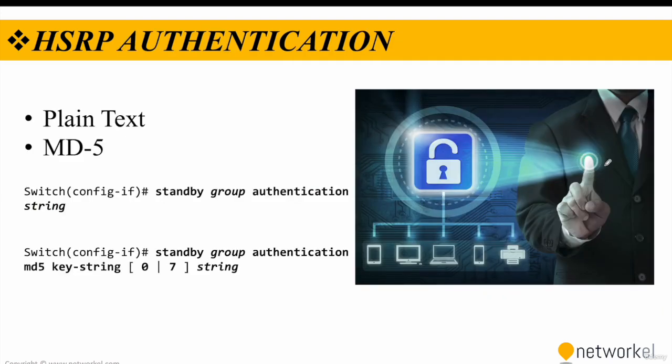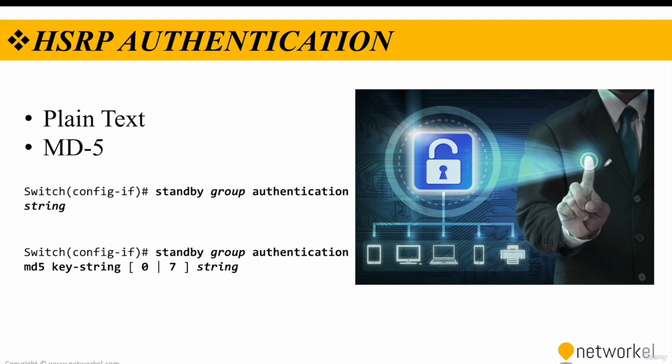HSRP authentication is used to secure the communications between HSRP routers within the same group. So the purpose in here is to prevent unauthorized routers from participating in HSRP operations, and you just go ahead and specify a plain text authentication key using the standby group number authentication and authentication string command on a Cisco device.